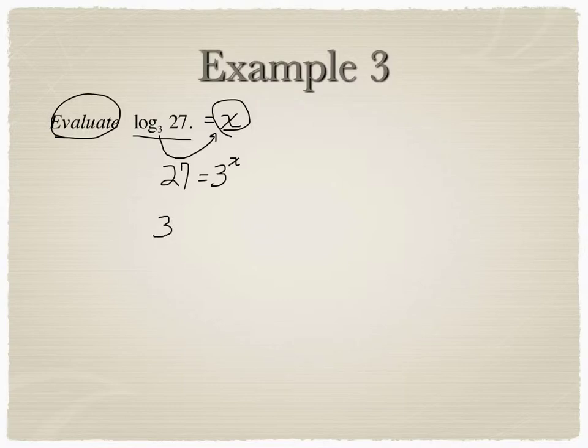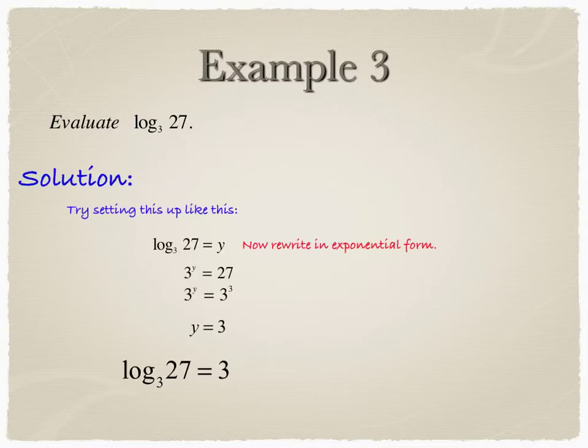So this becomes 3, and you're going to need to know your multiplication tables. 27 is 3 cubed, and that ends up being 3 to the x. So we can drop the exponents down, and we can say that this is equal to that. So x is equal to 3. All right. Okay, so this is a nicer solution, neater solution.